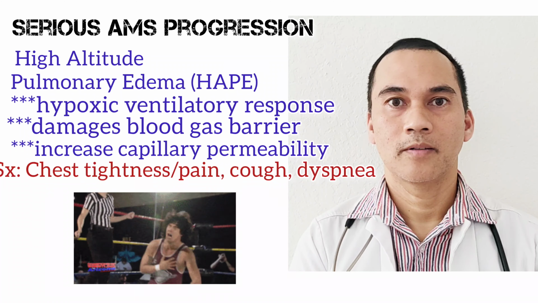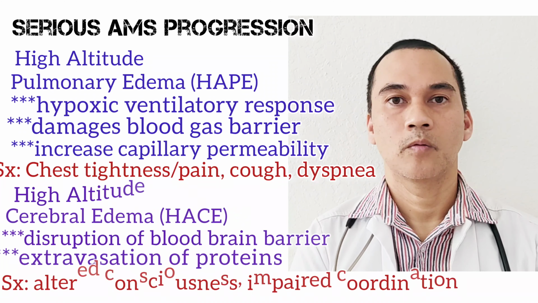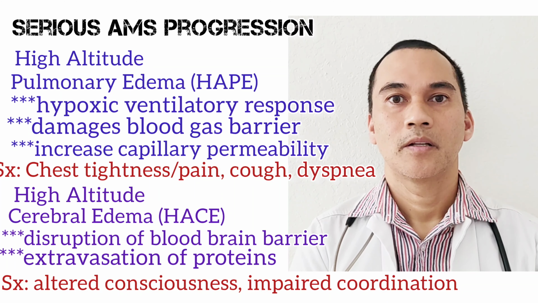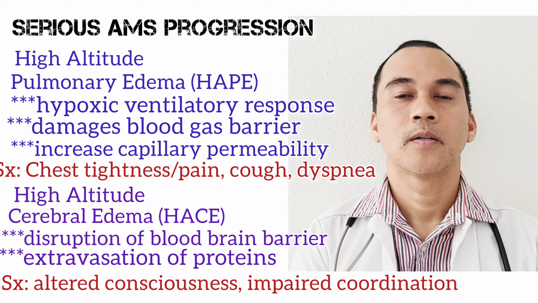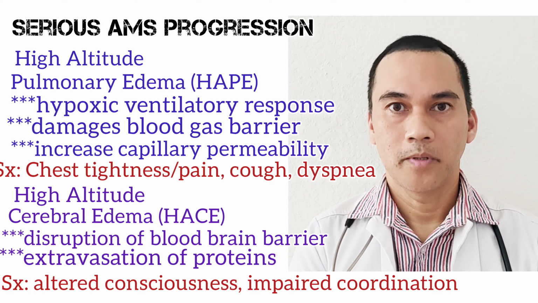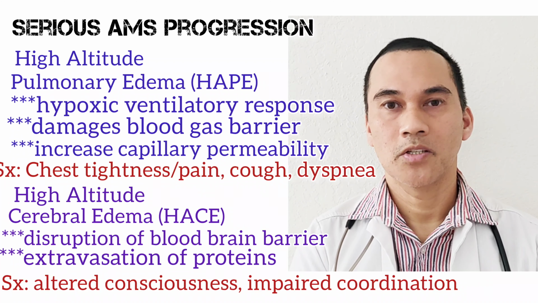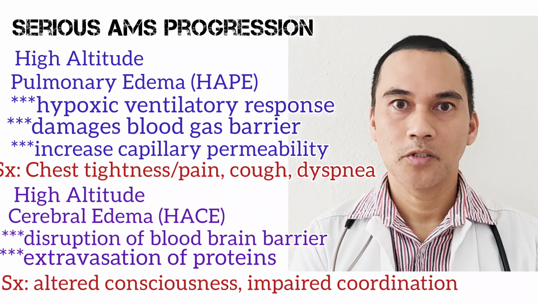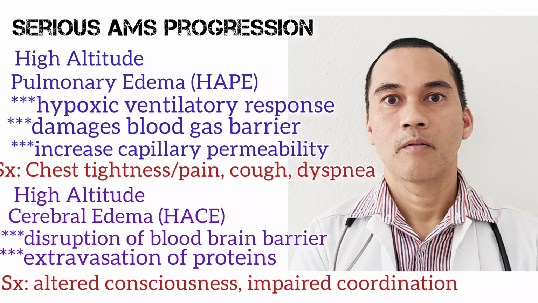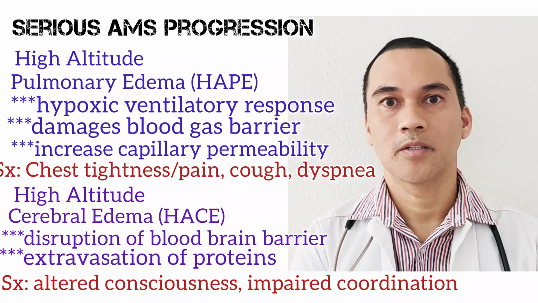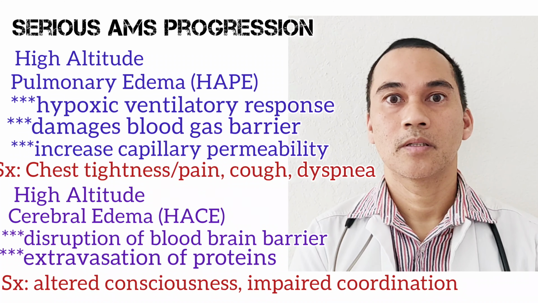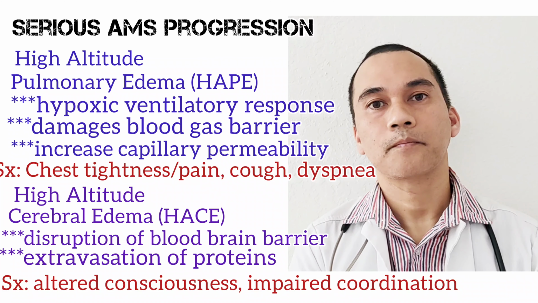High altitude cerebral edema. And the same thing happens as with HAPE. There is a disruption of the blood-brain barrier causing the extravasation of protein into the tissues, and that protein will draw fluid from the intravascular space into the interstitium, causing brain swelling.